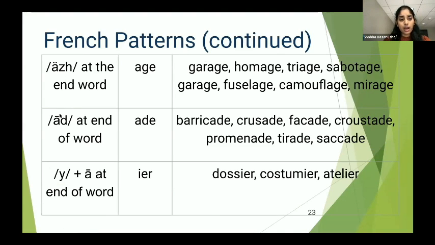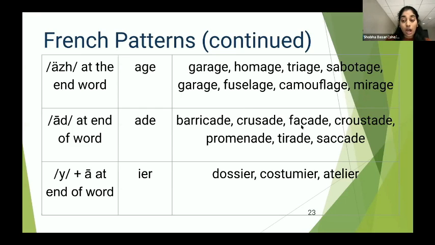Great. And so the next language pattern is the odd sound at the end of a word. Or sorry, this is the aid sound, but it can also be odd. Odd or aid. So this example, barricade, is pronounced aid. Crusade is pronounced aid.